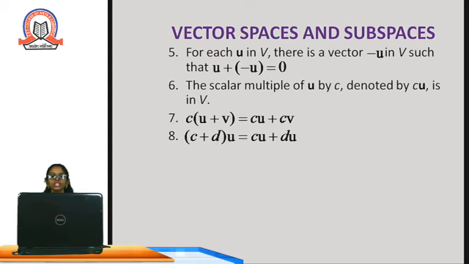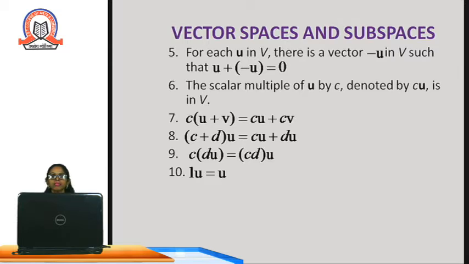Eighth rule: c plus d in scalar times u is equal to cu plus du. Ninth rule: c into du is equal to cd multiplied by u. And the last rule is the multiplicative identity, that is 1 multiplied by u is equal to u.